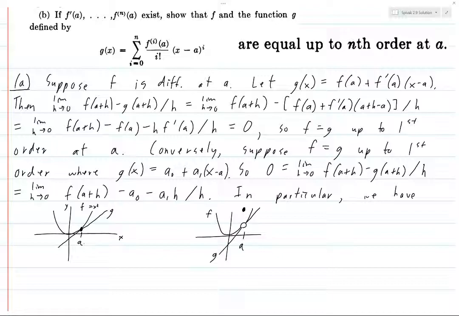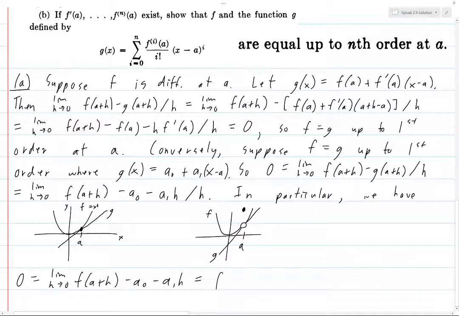And let's prove that. So we have 0 is the limit as h goes to 0 of f of a plus h minus a0 minus a1h. And I guess you could just use the definition of continuity to bring that limit inside. So this is f of a minus a0, and then the minus a1h will go to 0.